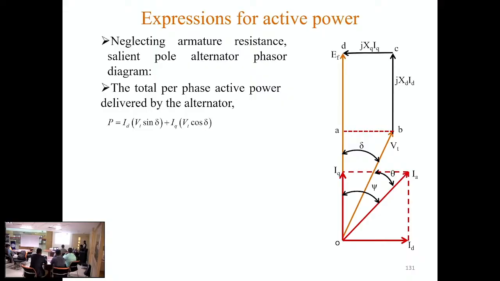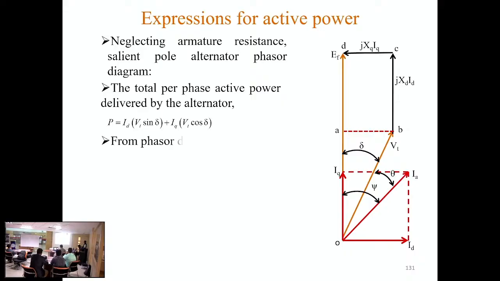So that component into this Id, they are along the same line. So length AB and this Id will give you the active component of current due to Id, and Vt cos delta, that is this component into the current along the same line, that is Iq. So Iq Vt cos delta. So that is the active current for this salient pole machine.